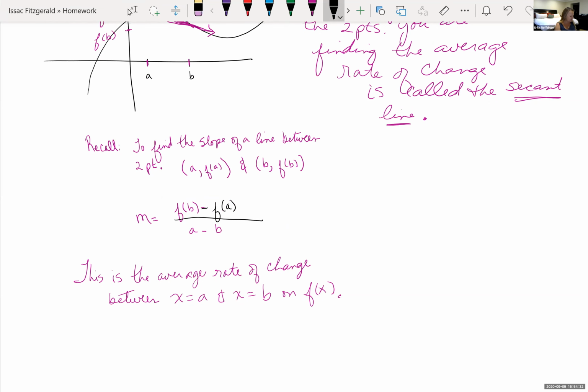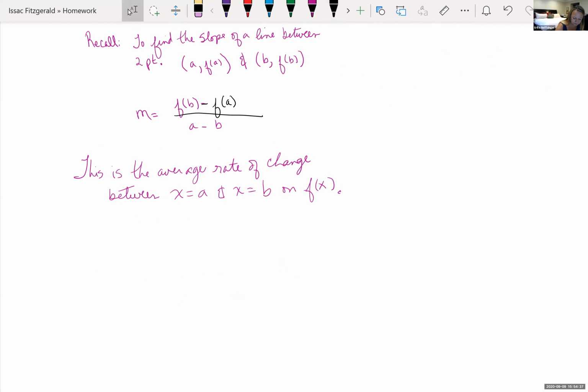For a second, let's say you have the following function. We're given that y is equal to x squared plus 2x. And they want you to find the average rate of change over the given interval, and this interval is between x equals 1 and x equals 3.